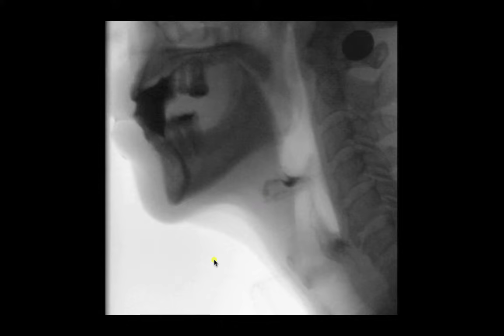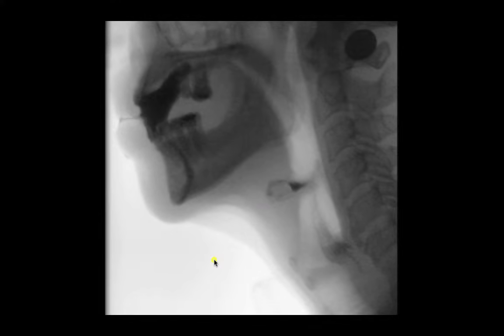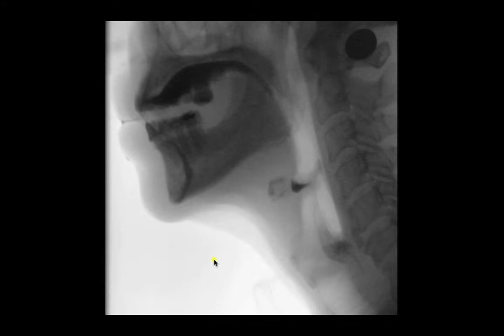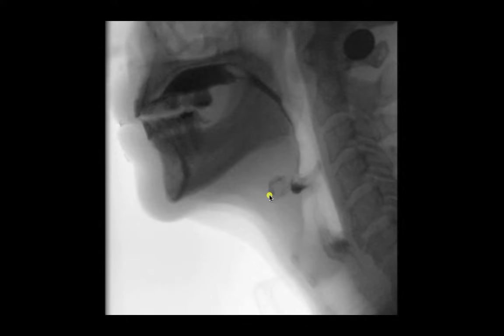I'm going to go forward here. Just watch me. So the material's in the mouth, the patient's moving the bolus through the oral cavity, so I'd be assessing lingual motion. The head of the bolus is already here, right? So it's at the tongue base, and the hyoid hasn't moved yet. So I'm going to keep my cursor on the hyoid to demonstrate the movement of the hyoid before initiation of the pharyngeal swallow.